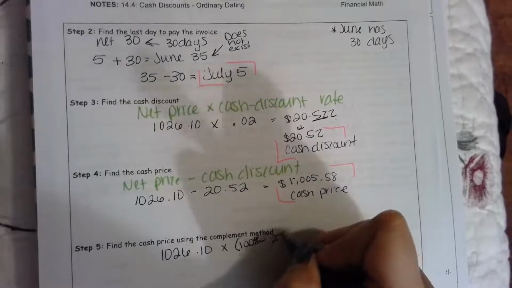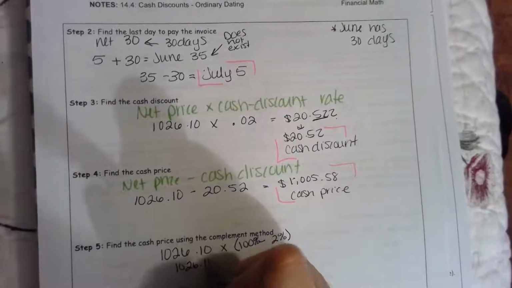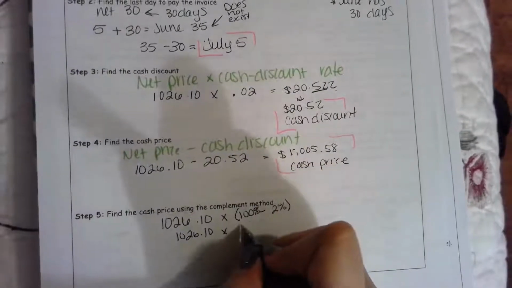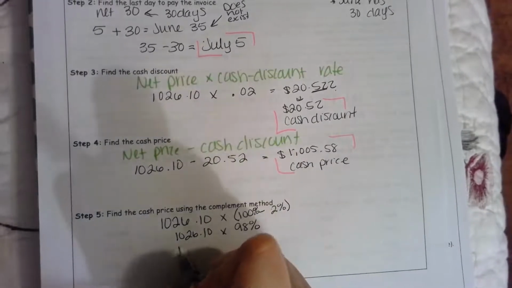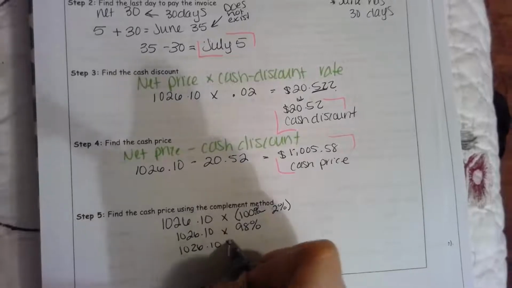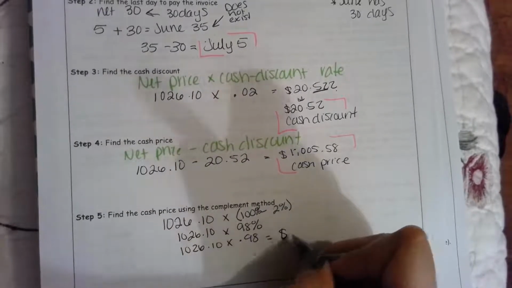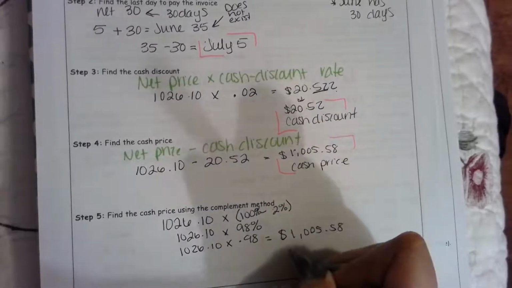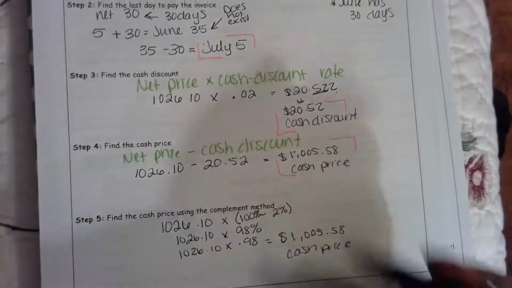Well, then that would be 1026.10 times, well, that's 98%. But remember, we have to change all percentages into a decimal, so 0.98, which is going to give you a total of $1,005.58 as your cash price. And if you notice, it's exactly the same as the one above it.